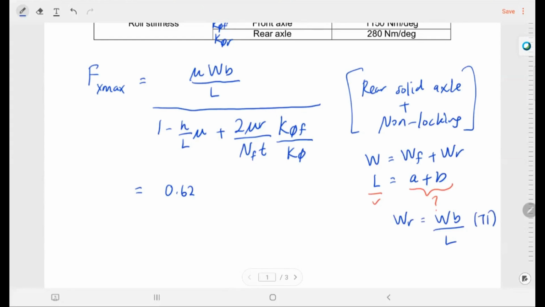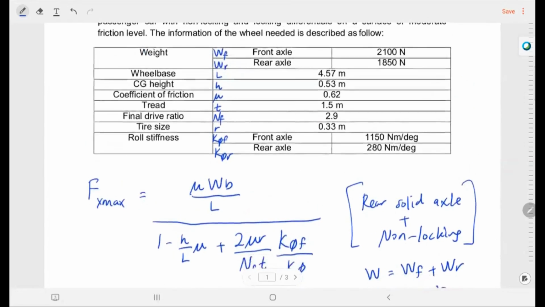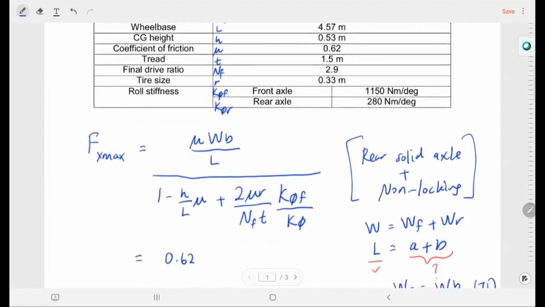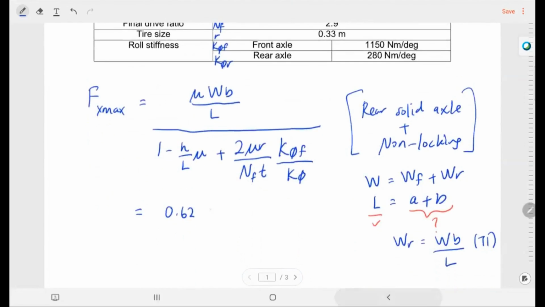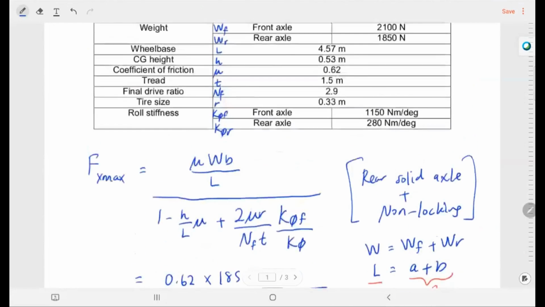Okay, so WB over L equal to WR. So you may refer to WR is rear axle punya unit 1850. So times 1850, over. Okay, 1 tolak ni.